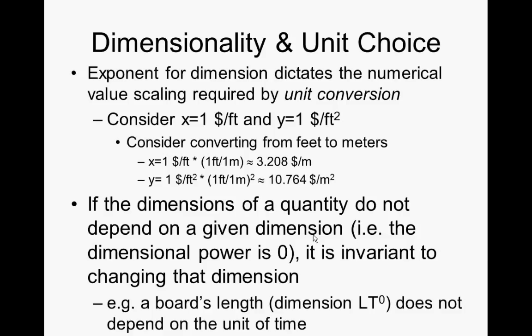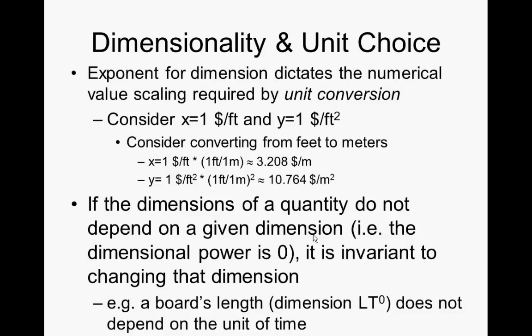We wouldn't multiply it by feet per meter. We'd multiply it by feet per meter squared. Right? So if this costs $1 per square foot, and we want to ask, well, I'm used to thinking in square meters, how much is that per square meter?